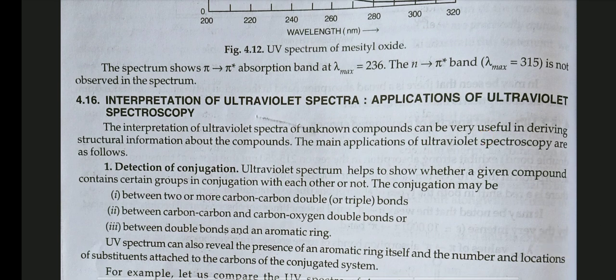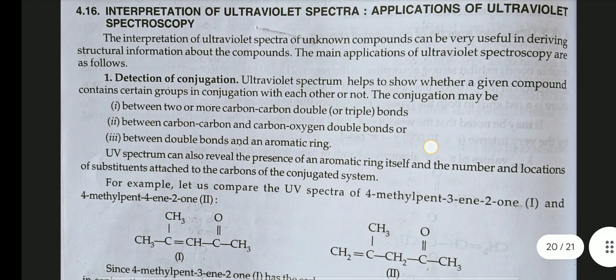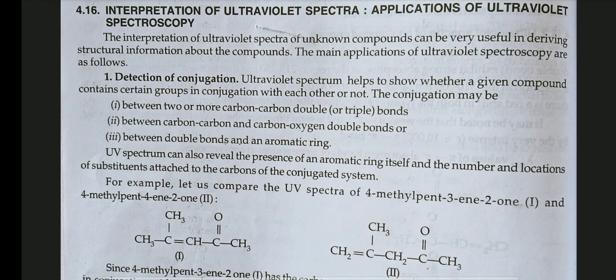Interpretation of ultraviolet spectra. Application of ultraviolet spectroscopy. The interpretation of UV spectra of a known compound can be very useful in deriving structural information about the compounds. The main applications of ultraviolet spectroscopy are as follows: detection of conjugation. Ultraviolet spectra help to show whether a given compound contains certain groups in conjugation with each other or not.